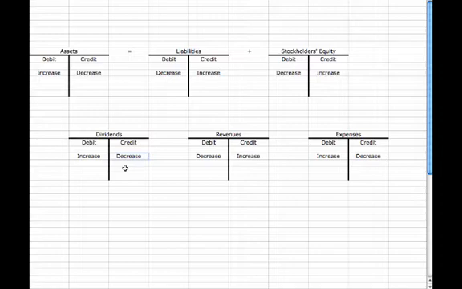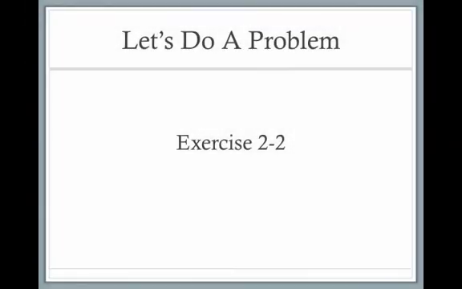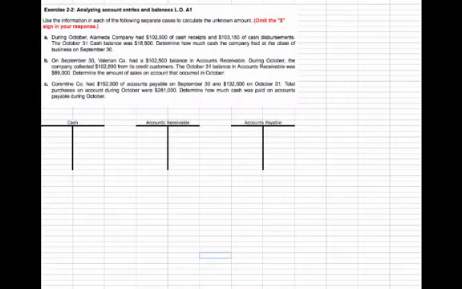So let's go take a look at some problems in this chapter. Let's look at exercise 2-2. In exercise 2-2, what we're asked to do is analyze the various accounting entries and balances that affect an account in our accounting equation. Now, in A, B, and C, which are separate situations, I've created a T account here so that we can take a look at each transaction.